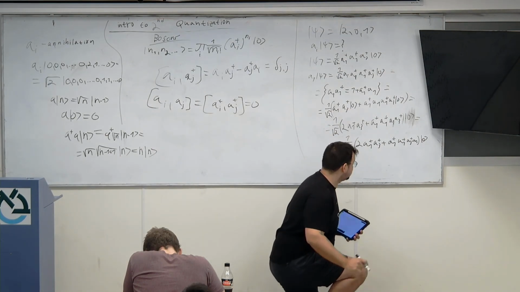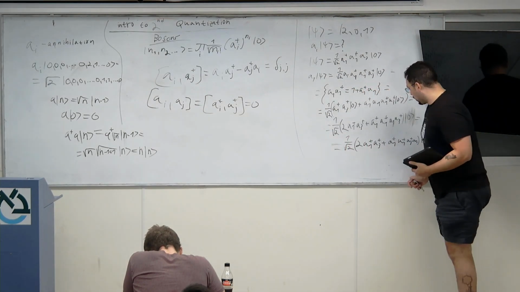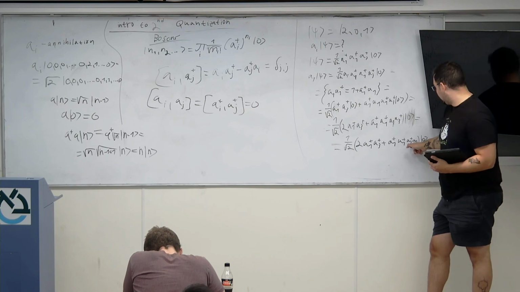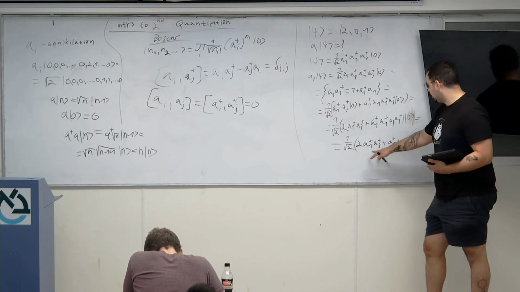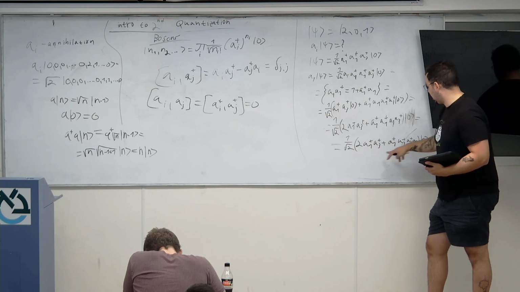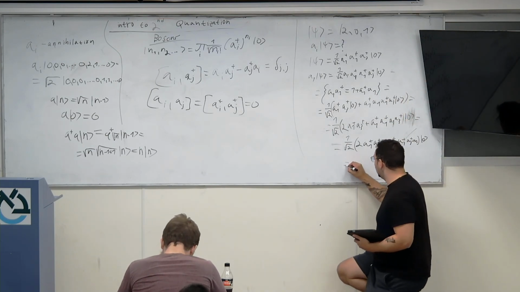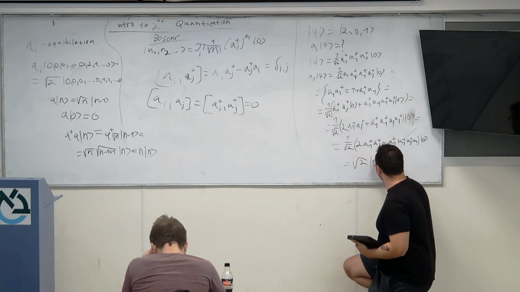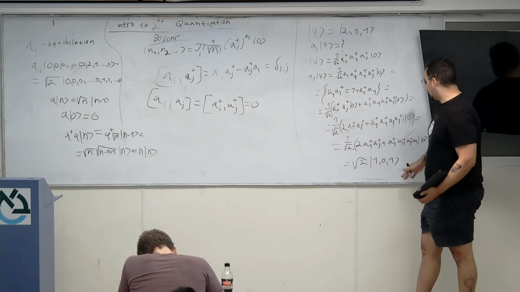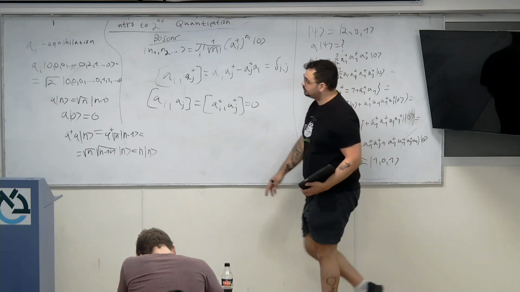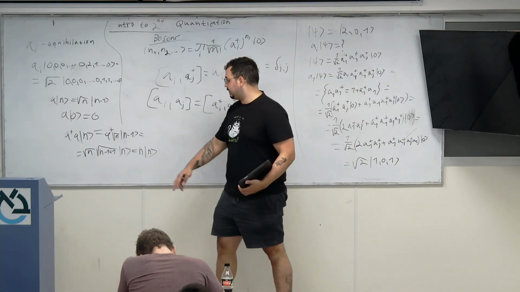I hope you'll see it in the recording. But a1, the annihilation operator on the vacuum, gives 0. This cuts out. Then we're left with a3 dagger and a1 dagger, which equals square root of 2 times |1, 0, 1>, which we expected based on this equation right here.